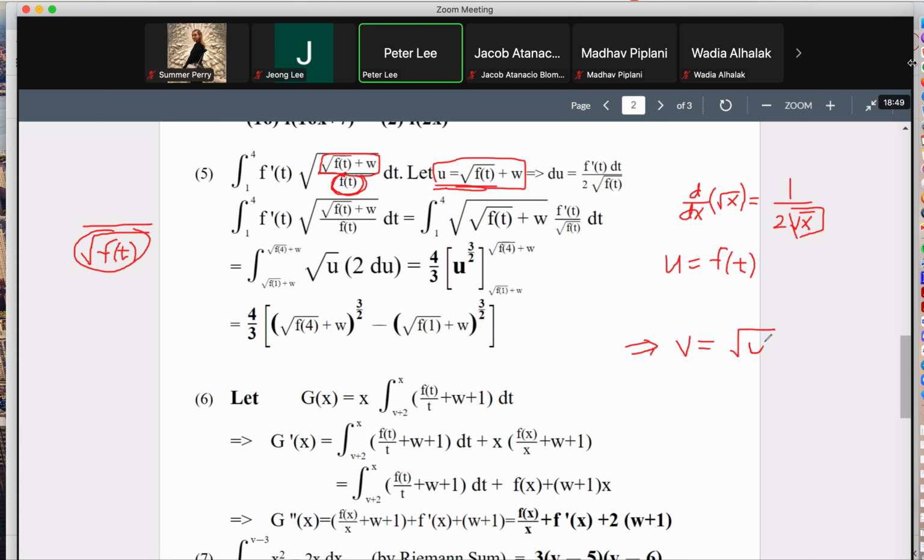You did this in 2 steps, and does it work? Yes, it does. Many of you did this in 2 steps, and that's good. It's not bad. But the one I showed you is in 1 step. U is equal to square root of f of t. That's in 1 step, so it's actually easier.